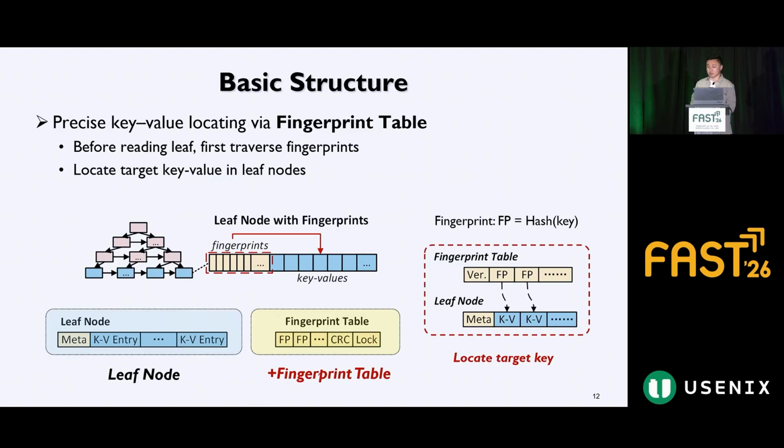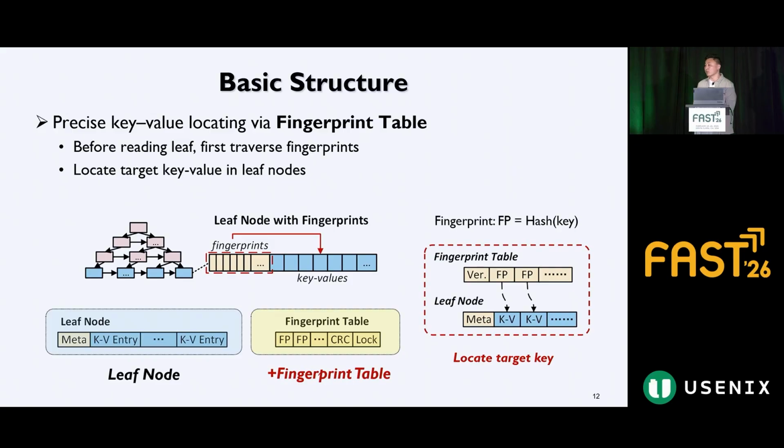In DMTree, we adopt a B-tree-like structure, in which leaf nodes store key-value entries, while internal nodes are used to locate the target leaf. Additionally, each leaf node is augmented with a fingerprint table, where each fingerprint is generated by hashing the key and is used to precisely locate the target key.